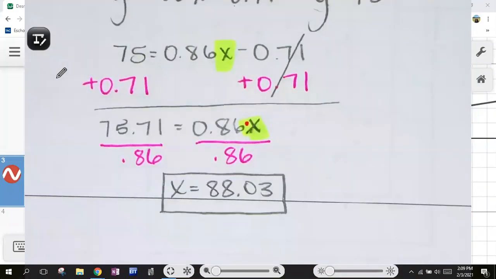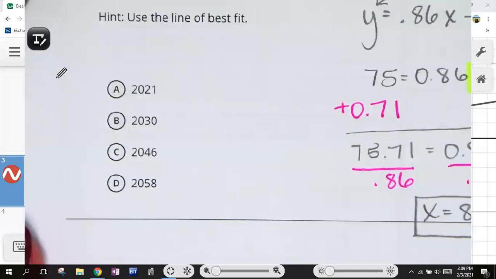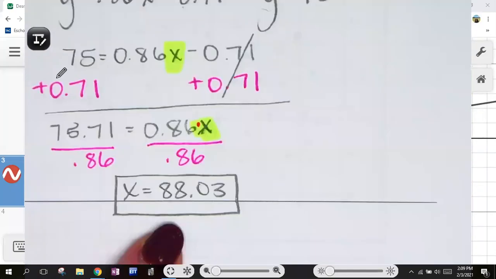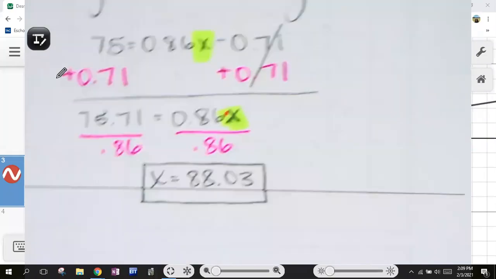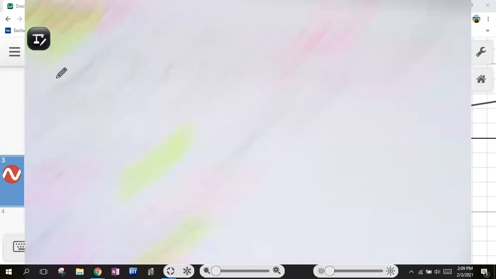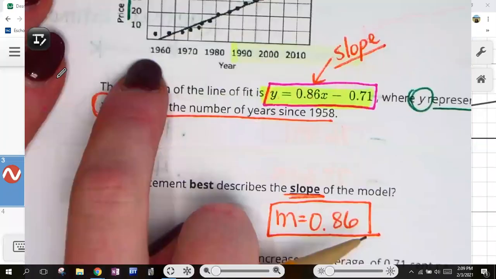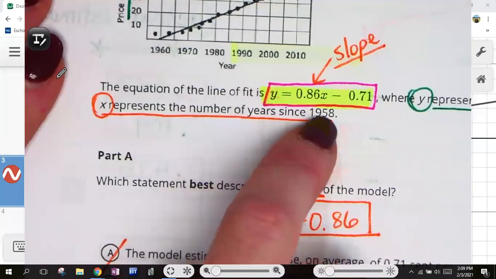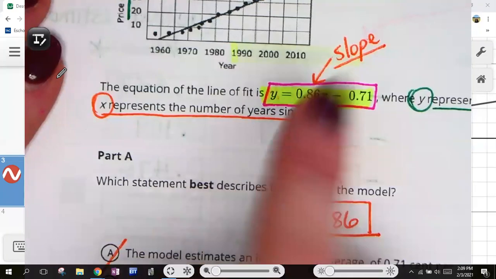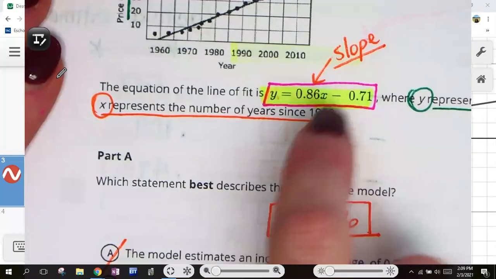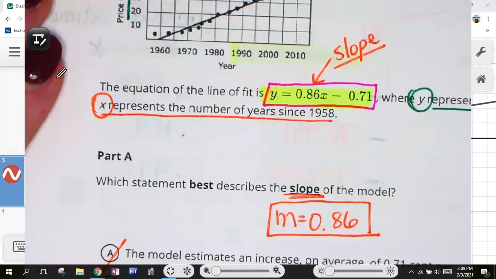All right. However, none of the answers are 88. So why is that what we got? We did everything just like it wanted us to. Well, we have to remember what X stands for. X represents the number of years since 1958, not since 0. Okay, so we're not starting at 0 and counting up 88. We're starting at 1958 and then counting up 88.